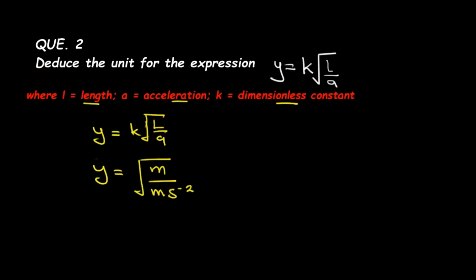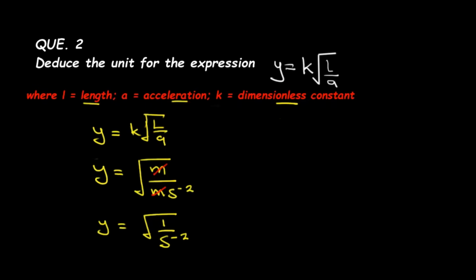So we can simplify this, and our meters will cancel, and our expression will be reduced to square root of 1 over s to the power minus 2.